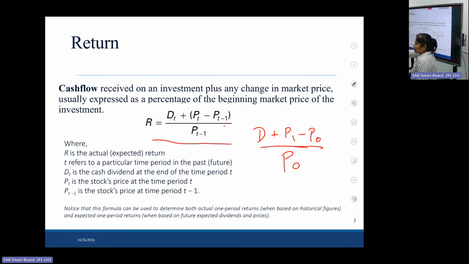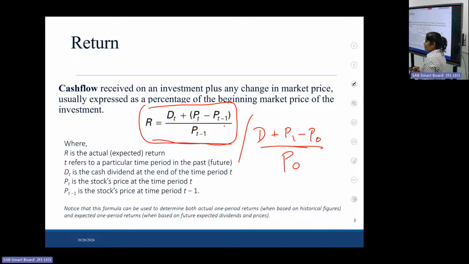If you invested at 100 rupees, that is the cost. So this formula fundamentally you can use to estimate return on ordinary share investment in the stock market.